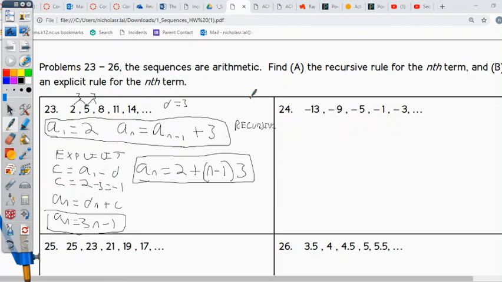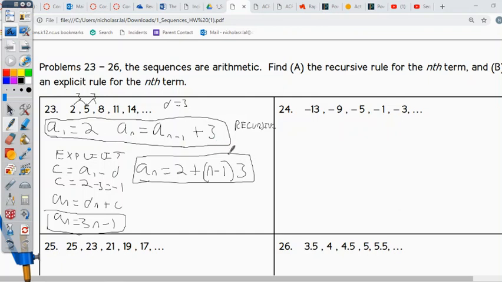From the explicit form, I can find the 9,000th term. While theoretically we could add 3 9,000 times, it would be much simpler to create the formula and plug 9,000 into the formula. Right? Alright.